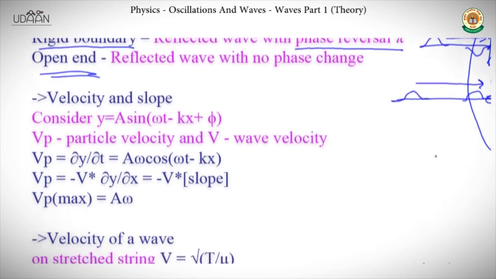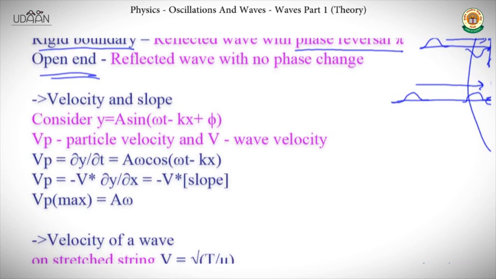Coming to the velocity and slope in a wave. Let's take a wave. There are two velocities actually. One is the velocity of the wave, which we denote by v, and the other is the velocity of the particle, which we denote by vp. For most waves we'll be dealing with, they'll be transversal, so both of them will almost always be perpendicular to each other.